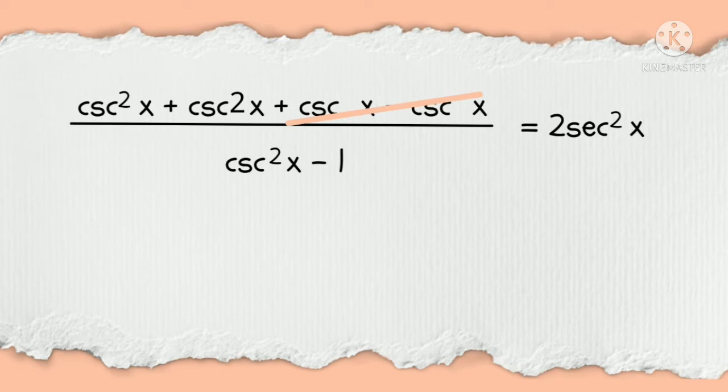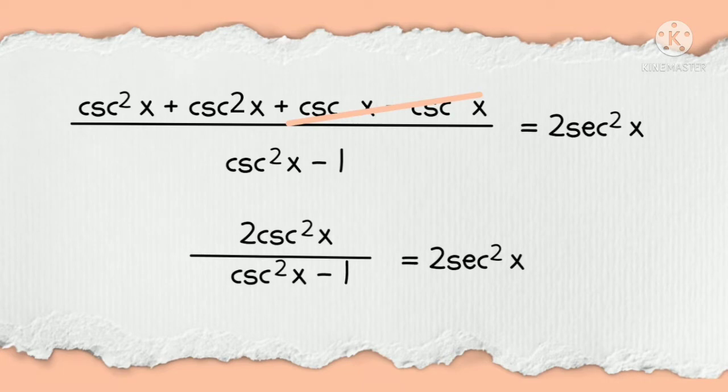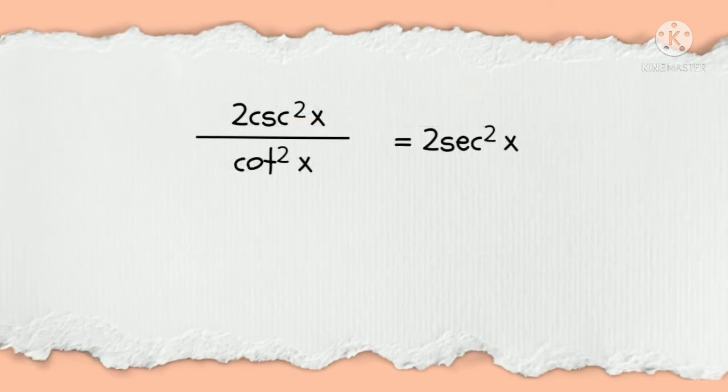Just add the 2 cosecant squared thetas to have 2 cosecant squared theta over cosecant squared theta minus 1. If we are going to look at the denominator, we can just change it into cotangent squared theta since it is equal to cosecant squared theta minus 1 based on the Pythagorean identity.